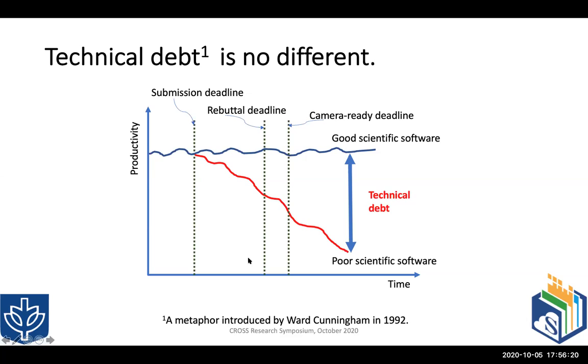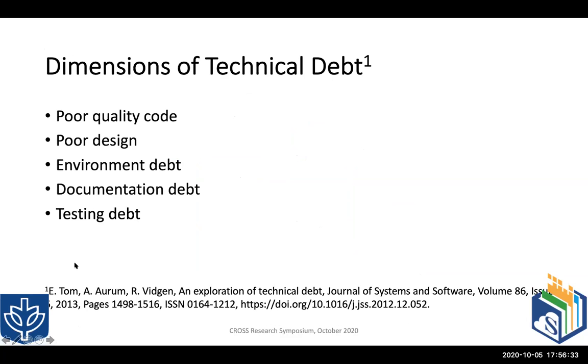Now, software engineers have tried to qualify this technical debt. They've tried to determine the dimensions of this technical debt, such as poor quality code, poor design, not knowing the environment. So you are writing scientific software, but the software's environment has not been completely known.